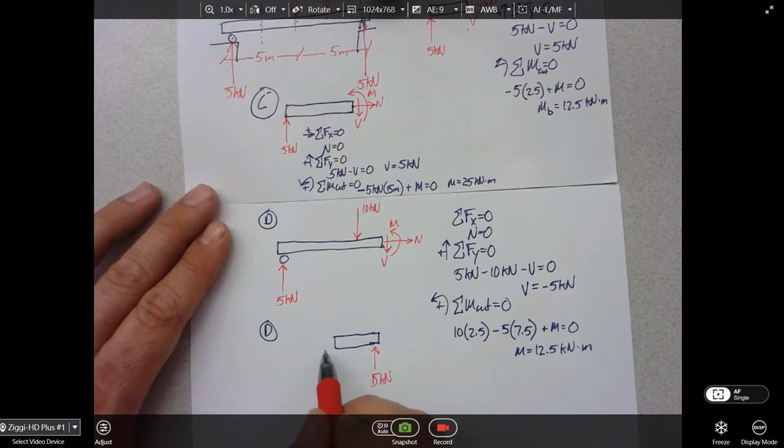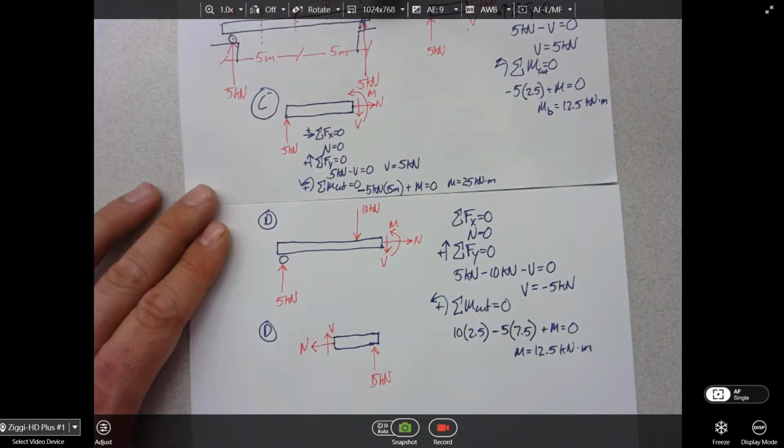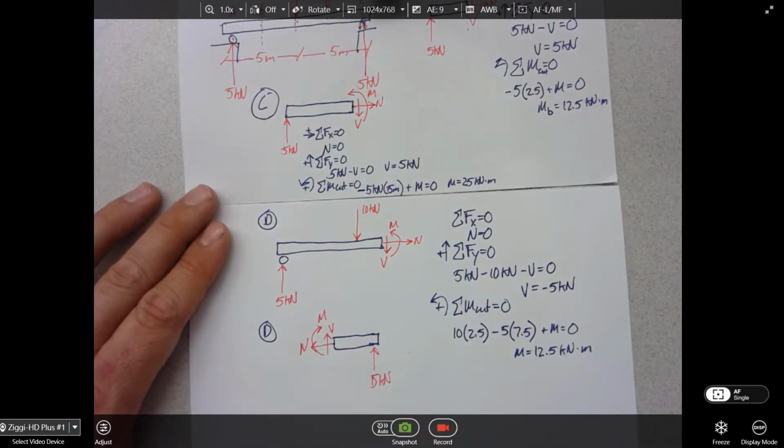Anyone? Max? Where's the normal force going to go? This way? Yeah, Victoria? Okay. Where's my shear going to go? Up, because it causes clockwise rotation. And the moment, clockwise or counterclockwise? Clockwise. Happy beams, right?